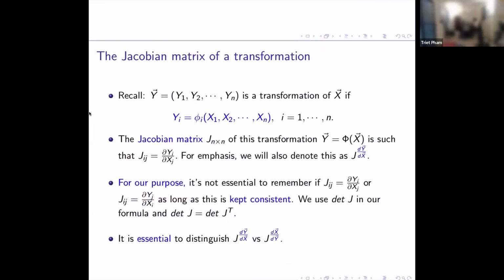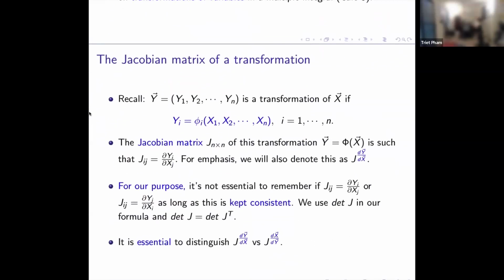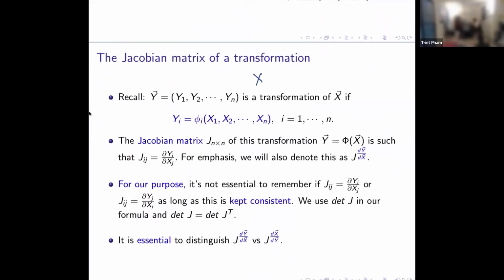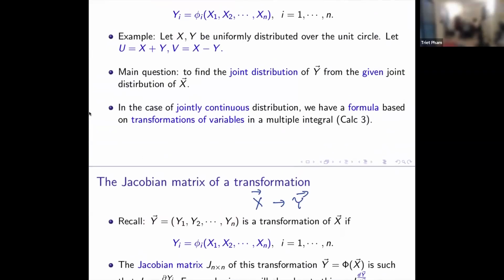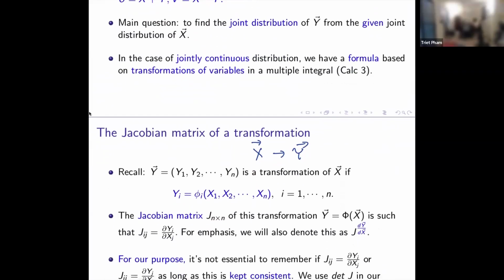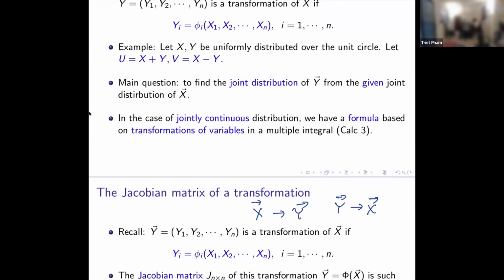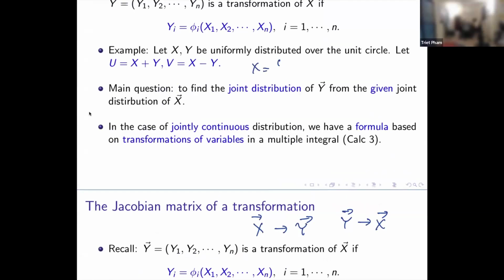Okay. So the one thing that is very easy to get confused about here is that we will look at the transformation on both sides, meaning we'll look at a vector X moving to vector Y like this, which is what you usually look at: X plus Y is U, X minus Y is V. But we will also look at the inverse movement from Y going back to X. Meaning, for example, here we will look at X as U plus V over 2 and Y as U minus V over 2.